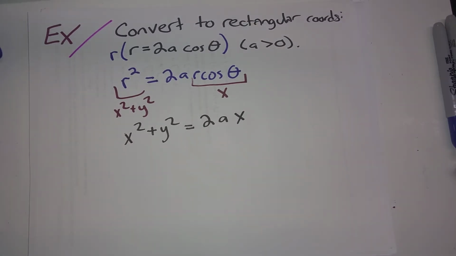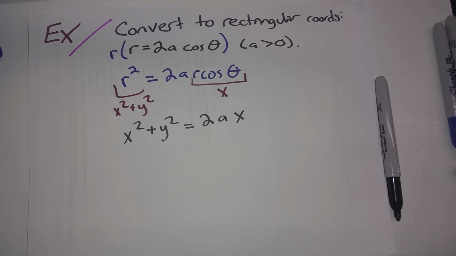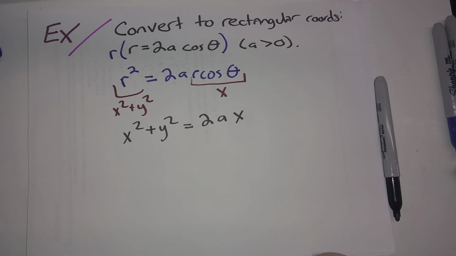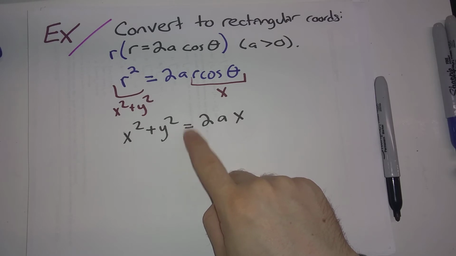So now, in some sense, we're done. We've converted from an equation in polar coordinates to an equation in rectangular coordinates, x's and y's. But it might be difficult to see what's going on here.